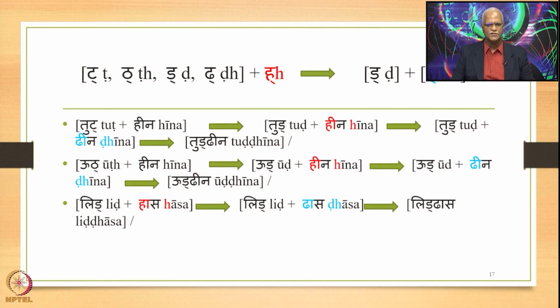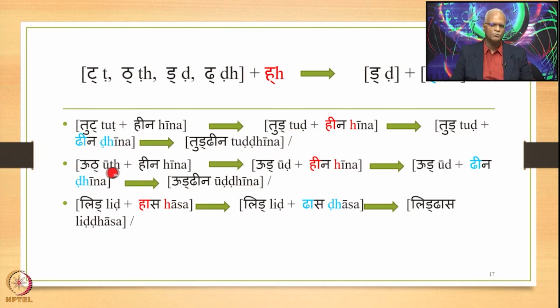So first this T is substituted by D, so we have Tud plus Hin as the output, and then Jhayohonyatarasyam applies and substitutes this H by the Purva Savarna, which in this case is Dh. So we get Tud plus Dhin and Tuddhin as the output generated. This is optional, so optionally we will have Tud plus Hin.